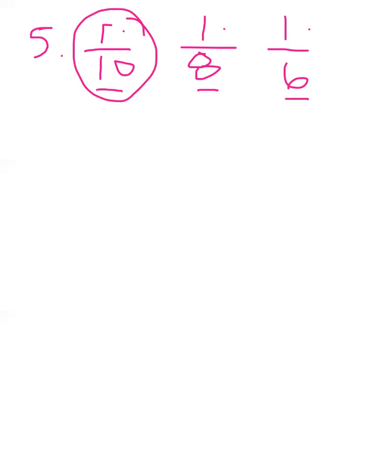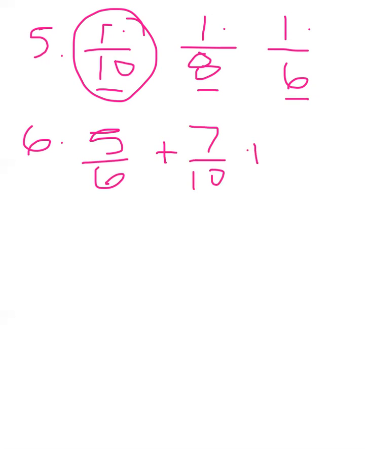Okay. The next problem says solve. So we're adding fractions here. So number 6 says we have 5/6 plus 7/10 plus 2/5. Okay, so looking at our denominators, we have to set them equal to each other.